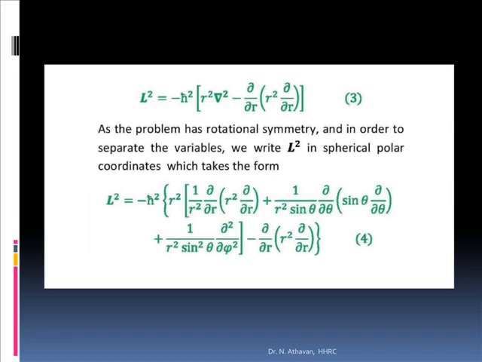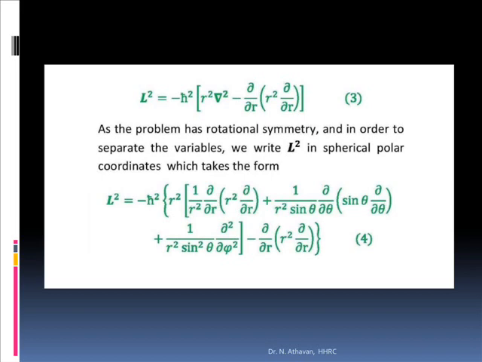By looking at this L square equation, we can easily find that the problem has rotational symmetry, because it contains only the scalar part of r, that is, the magnitude of the position vector. Therefore, we can easily separate the variables if we choose the spherical polar coordinate system. Writing L square in spherical polar coordinates, it takes the form given in equation 4, where we have applied the expression for del square in spherical polar coordinates.